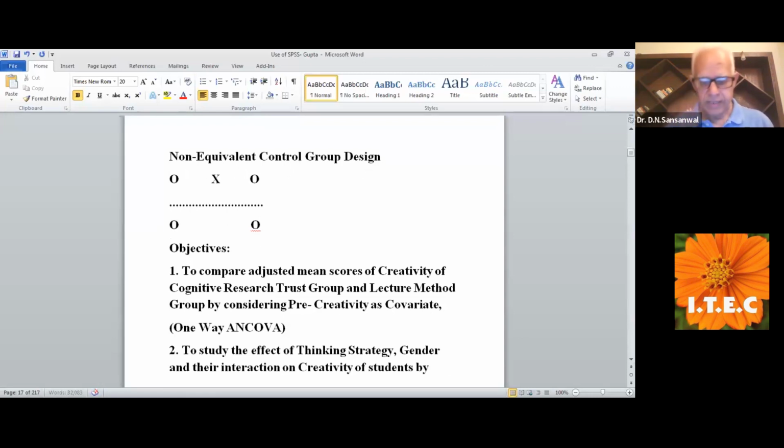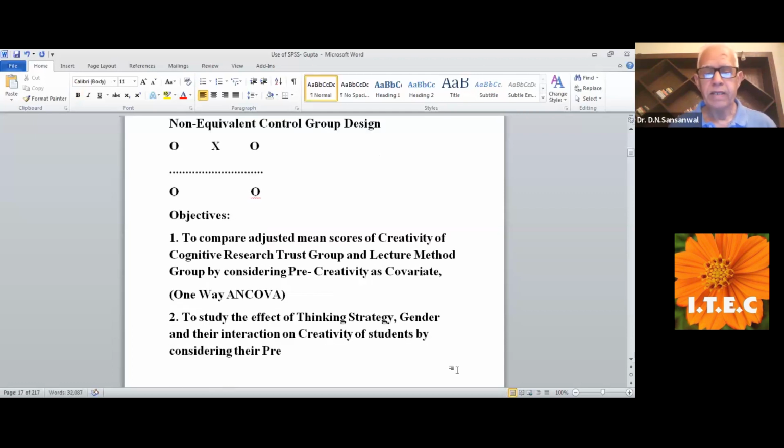by considering their pre-creativity as covariate. We do not write pre-creativity score just because you have to write the name of the variable and score is the value.